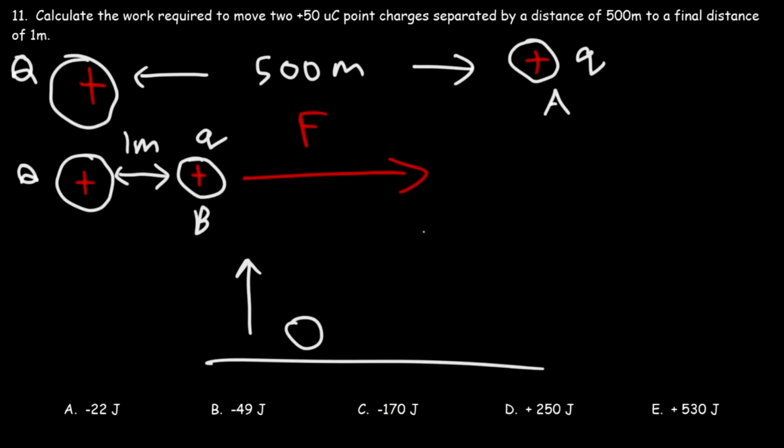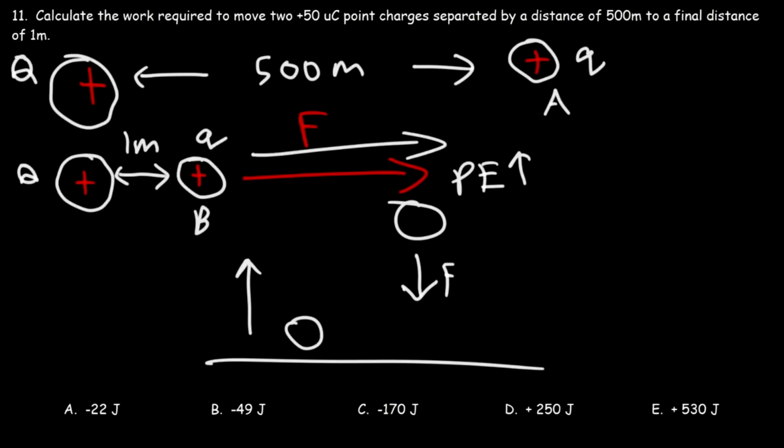To lift the ball off the ground, you're increasing the potential energy. It's higher. And once you let it go, gravity is going to bring it back down. That potential energy will now be converted to kinetic. The same is true when you bring this point charge closer to another one. You're increasing the potential energy, and once you let go of that force, it's going to feel a strong electric force that's going to accelerate it to the right.